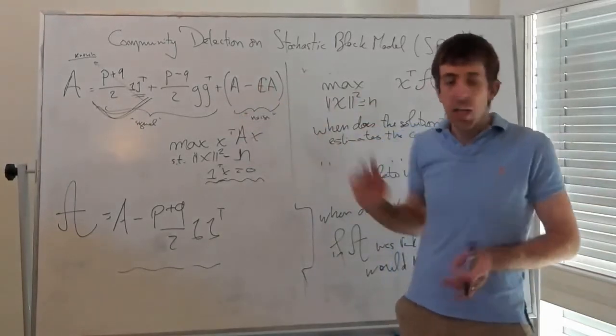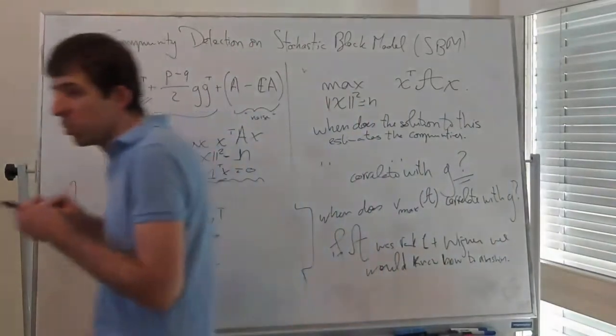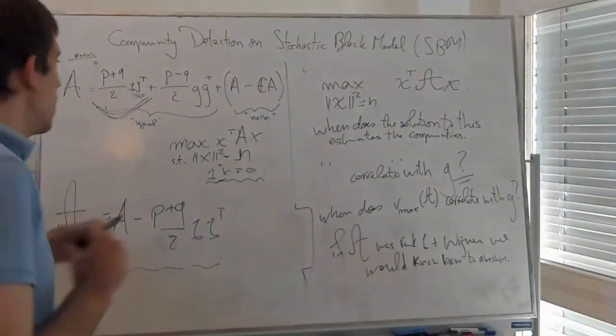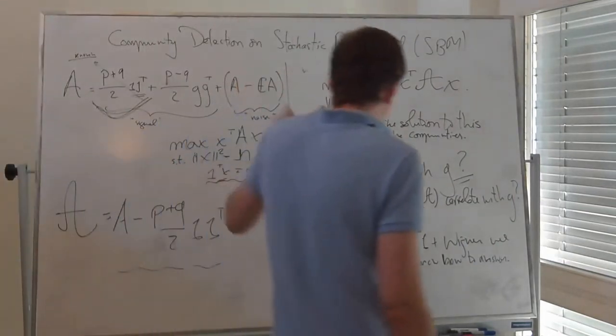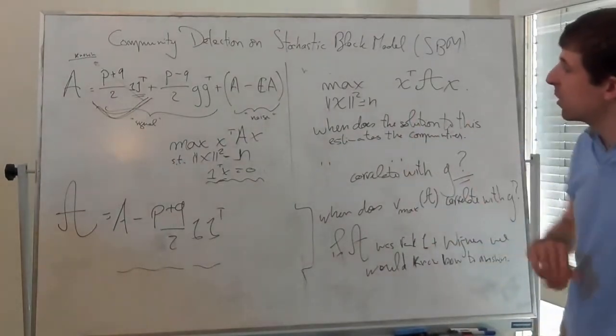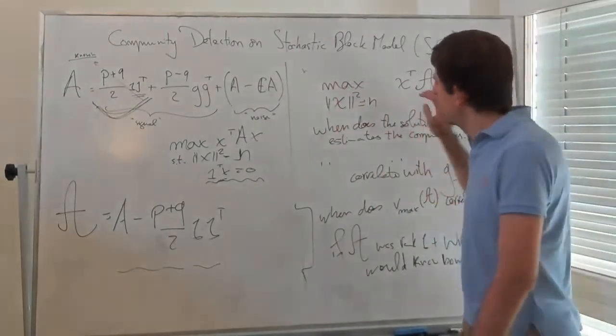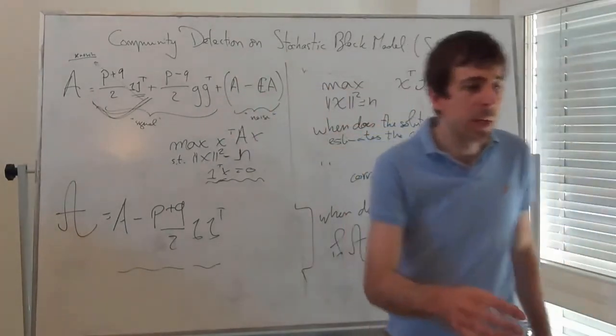The entries are not Gaussian. They are some centered Bernoulli random variables. But we can still try to understand, and it's still a reasonable goal, when it is that the maximum eigenvector, the leading eigenvector, correlates with the true communities G, which corresponds to the rank-1 spike.